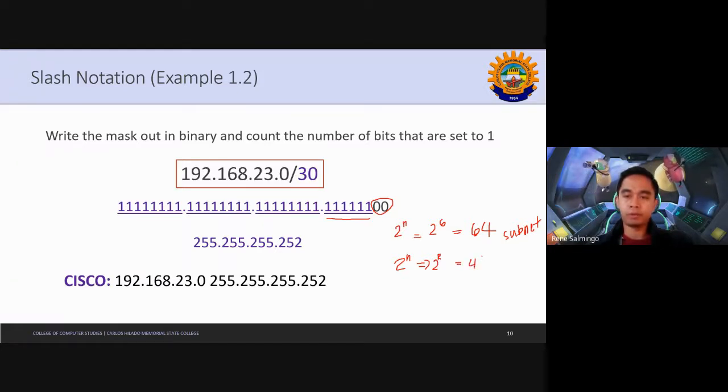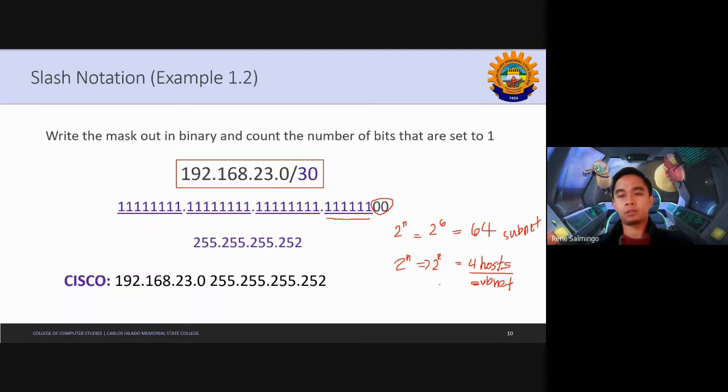You have 4 hosts per subnet. So this is dividing each into smaller parts. So that's it.